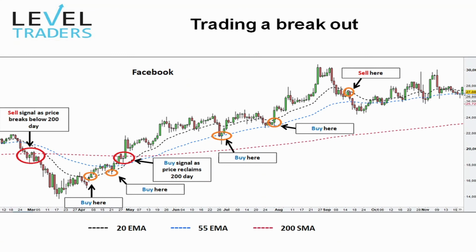And then there's a sell signal I've highlighted around mid-September where the price has lost the 20 EMA, and that was a sell signal for price to go down further. So you can see, simply using the moving averages, there are trading strategies just there in front of you.